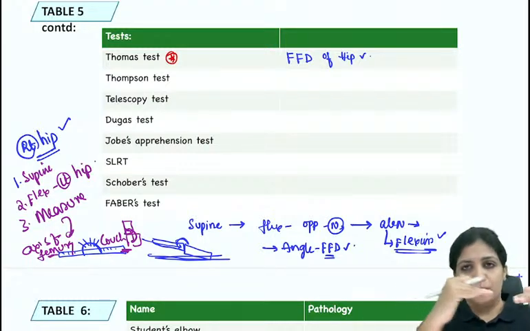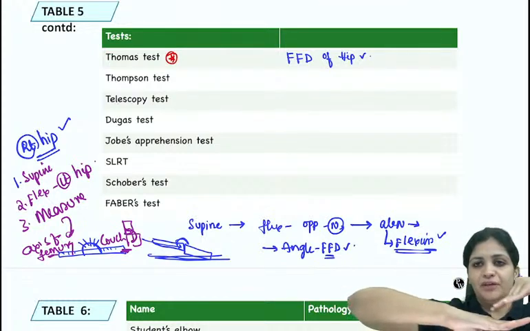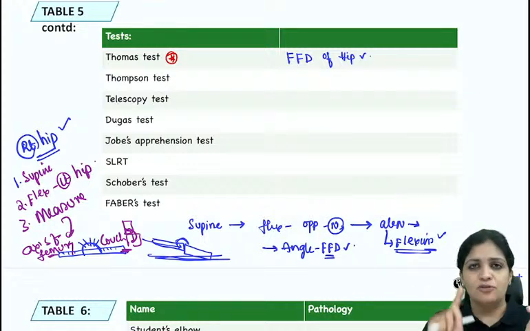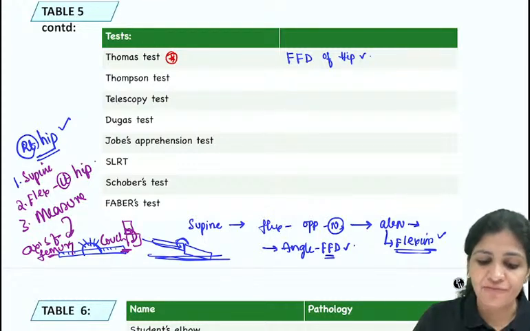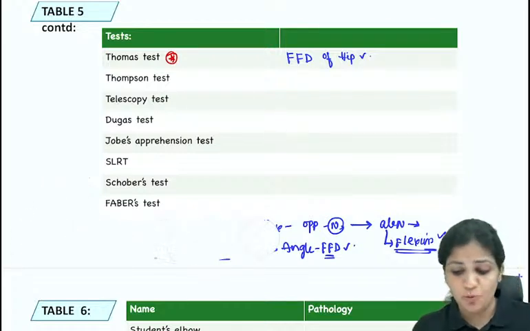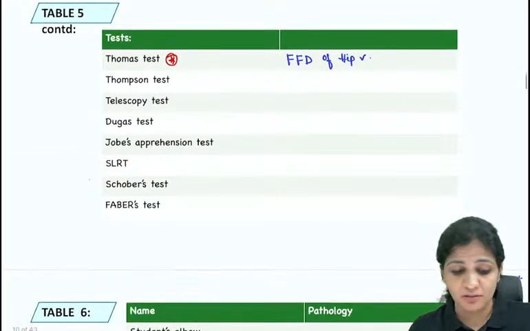The couch will always be straight like this, right? And whenever the femur angle is like this, you will measure the angle. That angle is called your FFD, that is fixed flexion deformity of the hip. You understood? Can somebody please tell yes if you understood?